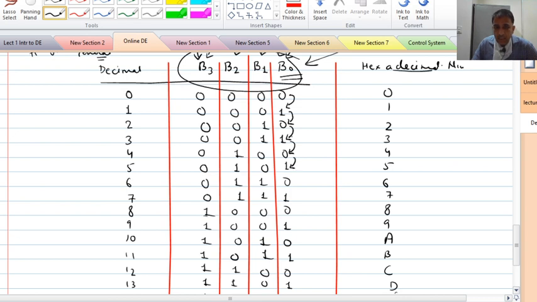Okay, it changes after every step, that is 0 to 1, 0 to 1, whereas bit 1 is changing after every 2 steps. Whereas bit 2 is changing after every 4 steps, and this bit 3 is changing after 8 steps. So that's why it is also known as 8421 representation.